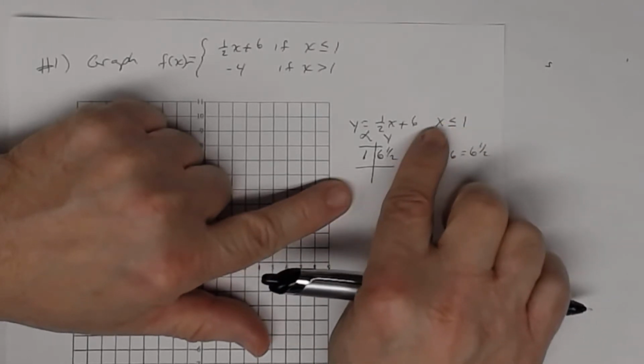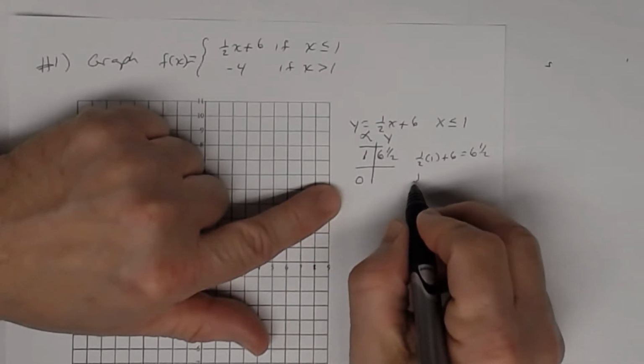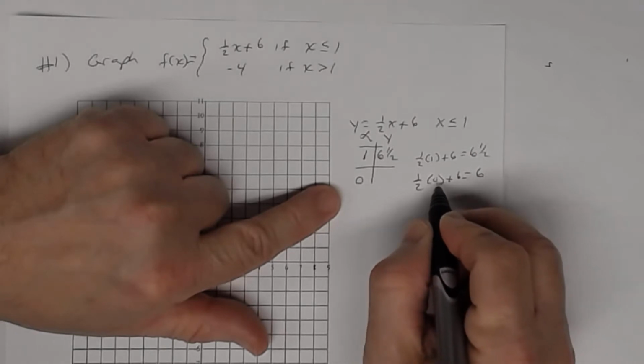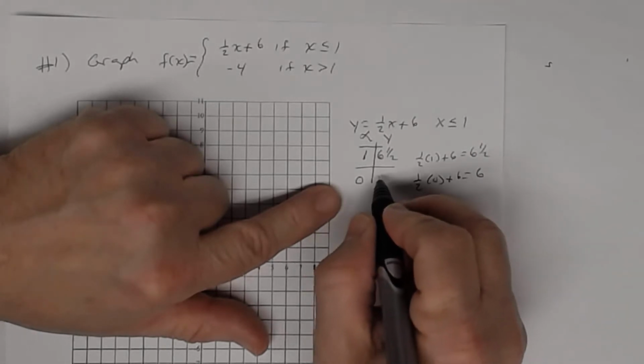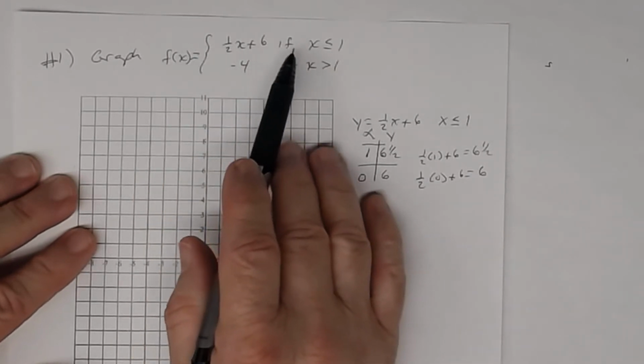If x is 0, I get 1/2 times 0 plus 6, which is just 6, because half of 0 is 0, and 0 plus 6 is 6. Now here's how you graph this. We're graphing that first piece now.